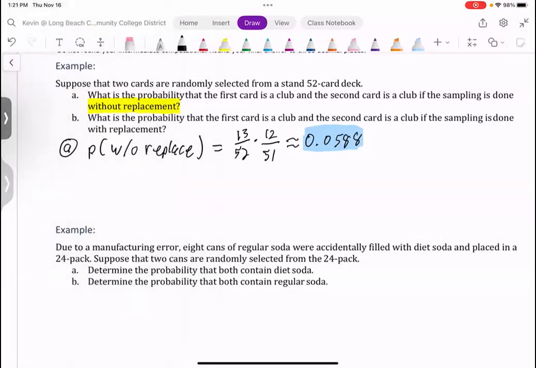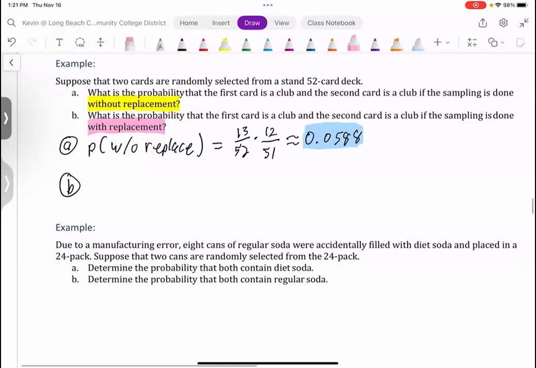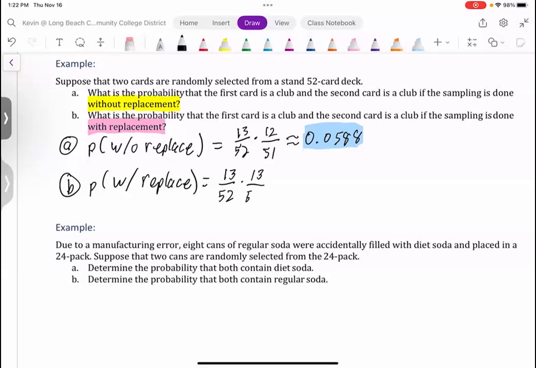And let's take a look at part B. Part B is the same question, but with replacement. So in other words, once we pull a card out and it's a club, we put it back, shuffle the deck, and then pull it again. So this is the probability with replacement. Well, that's going to be 13 out of the 52. Again, once we put the card back in, there are now 13 clubs left in there, again, out of the 52.